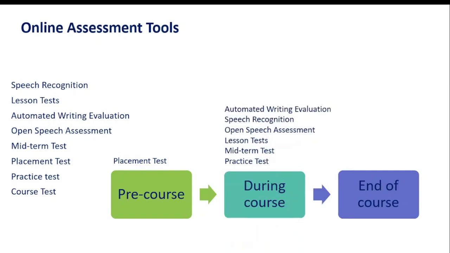During the course, tools giving student feedback on writing and speaking, as well as lesson tests and midterm course tests, would be useful, and especially useful in assessment for learning: midterm tests, speech recognition, writing assignments, practice tests, quizzes, oral presentations, in order to identify students' areas of strength and weakness. And finally, a summative test at the end.